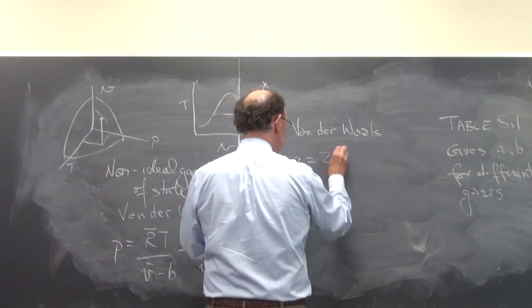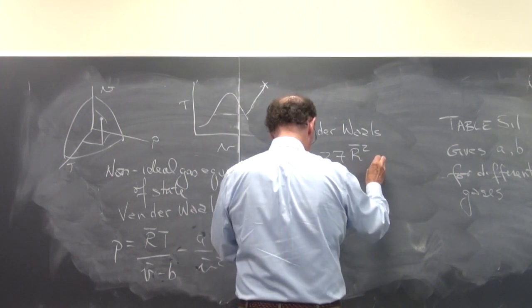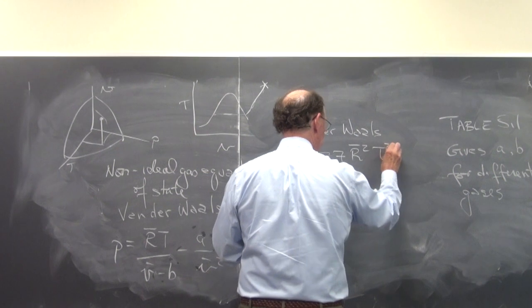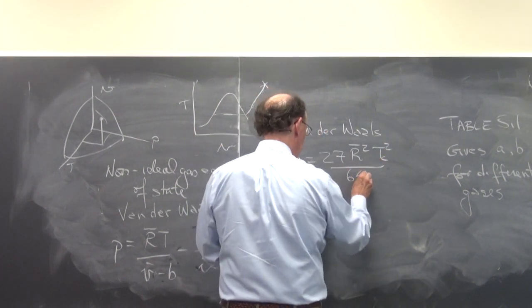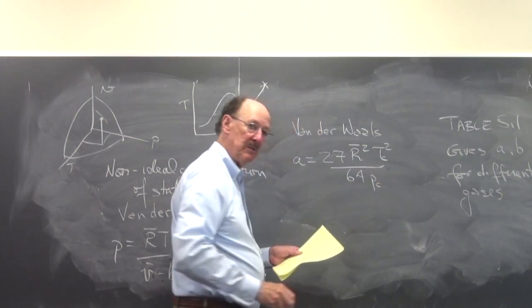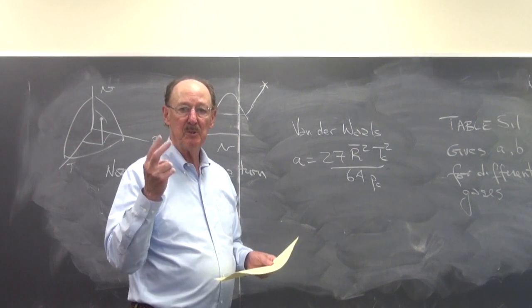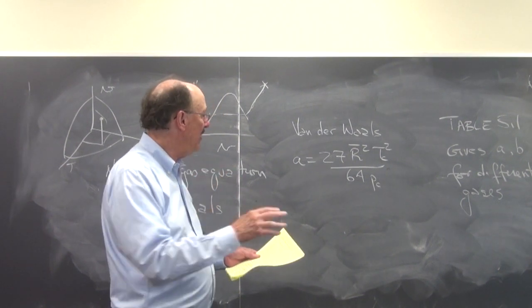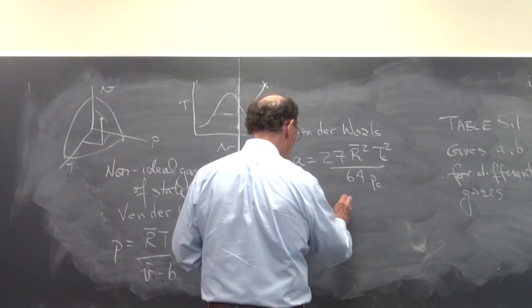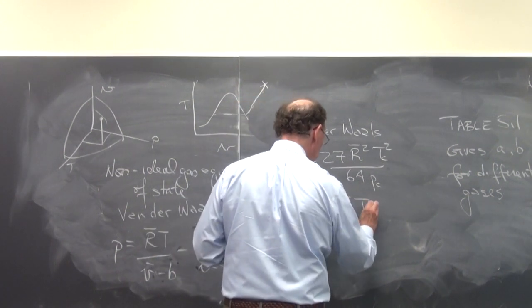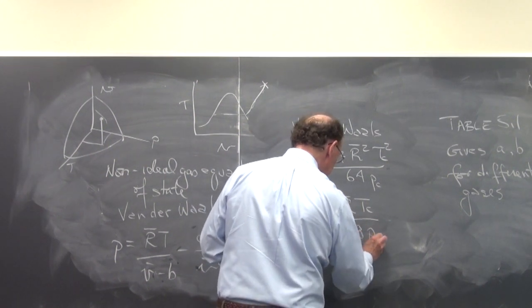But we have A equals 27 R bar squared times T sub C squared, the critical temperature, over 64 times P sub C, the critical pressure. Remember, I said all pure substances have a unique critical temperature and pressure, so we can find A from this equation, and we can find B from the following equation: R bar T sub C over 8 times P sub C.